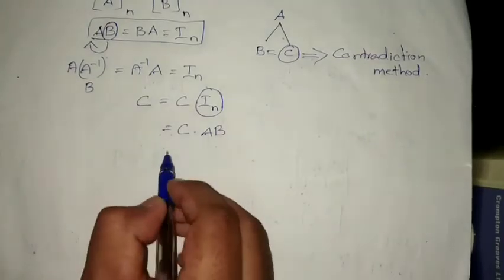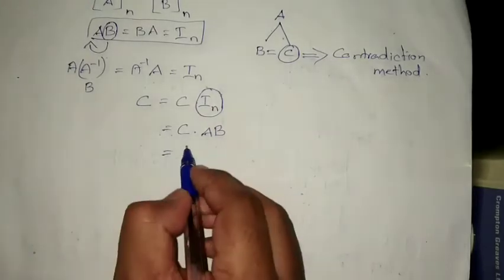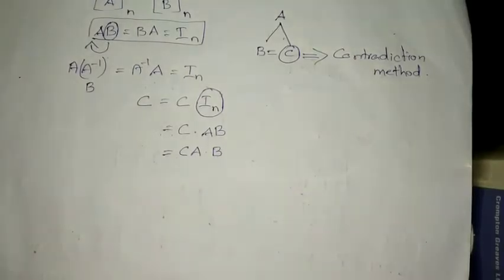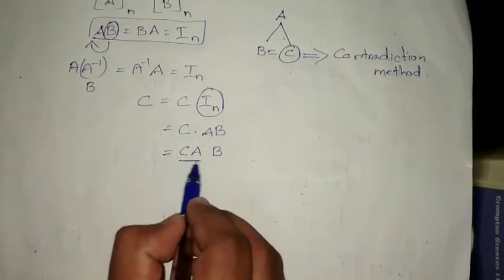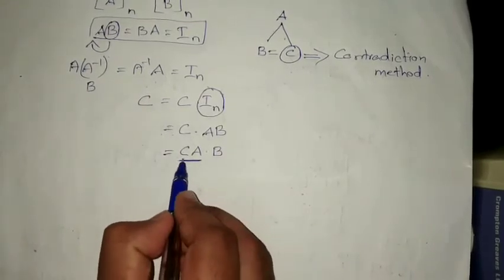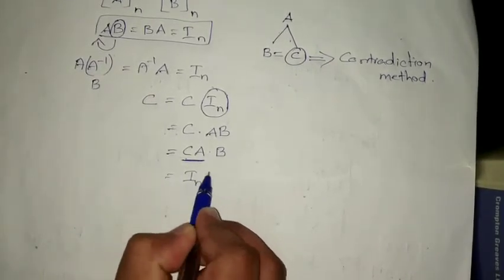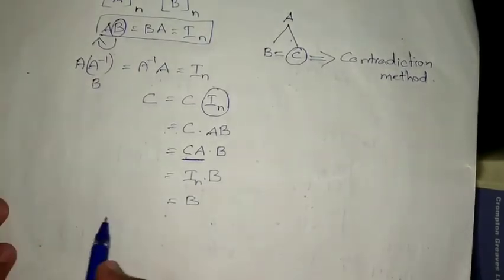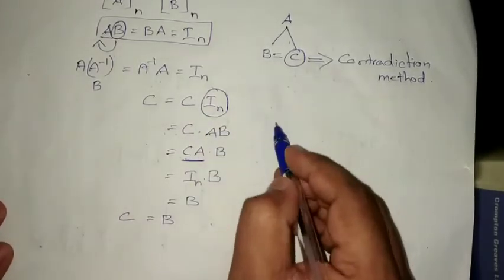Since matrix multiplication is associative, we write CA into B. Now C into A, the inverse into the matrix A, is equal to I into B, which equals B. Hence we prove C equals B with the help of the inverse property.